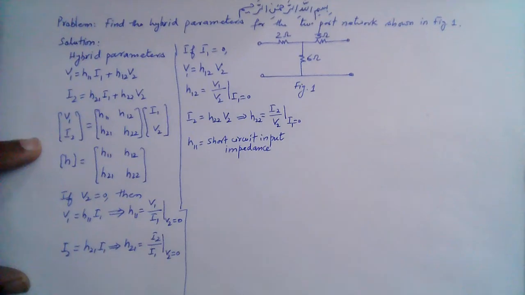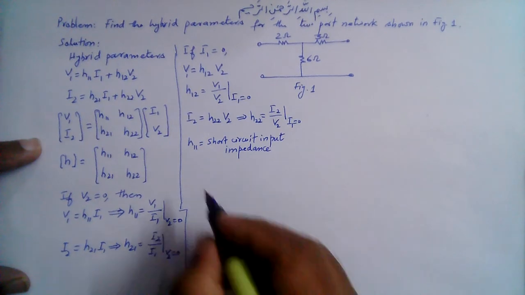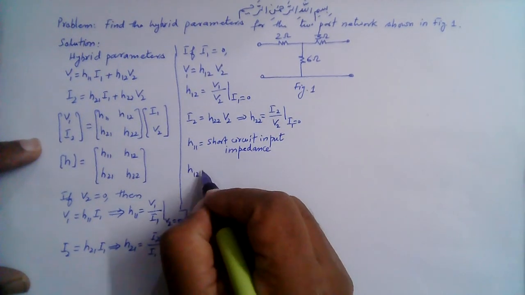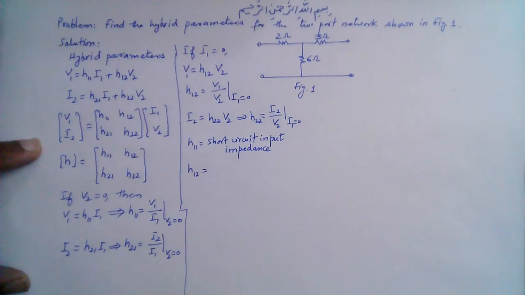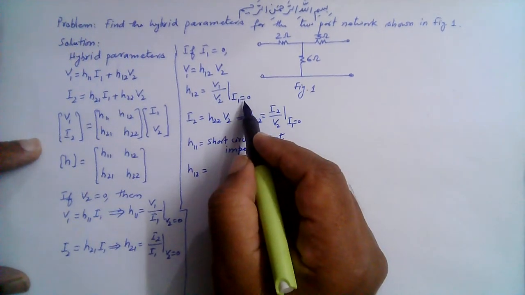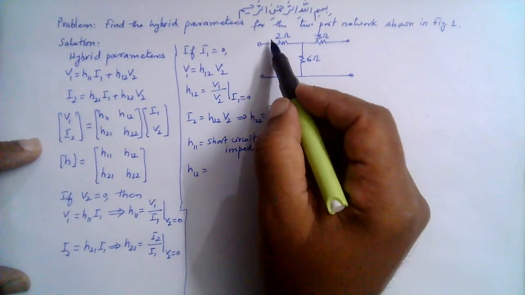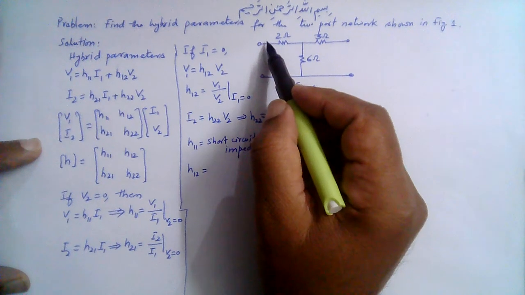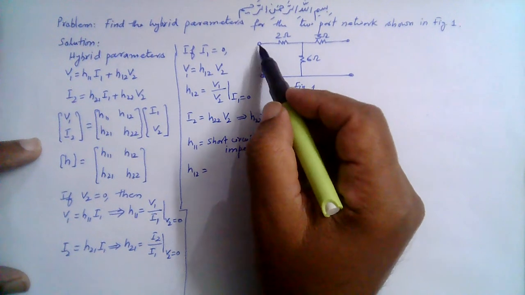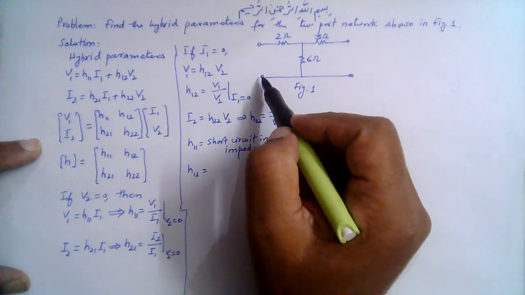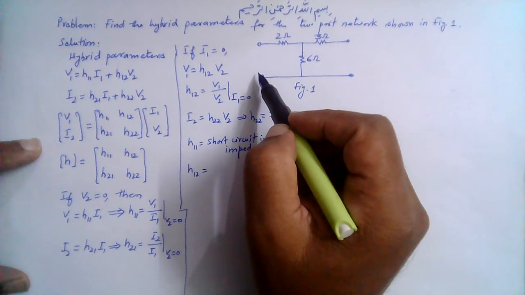And then H12, we obtain H12 when I1 is equal to 0, that is, the current at the input port is 0. So to put the input current I1 to 0, we open circuit this input port. So this is an open circuit parameter, right?